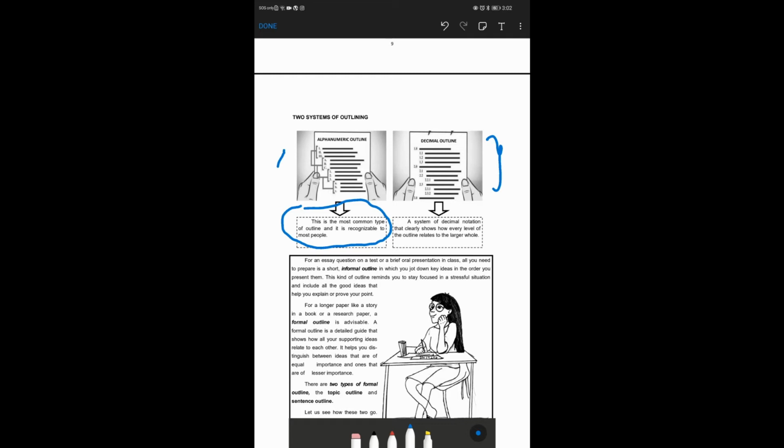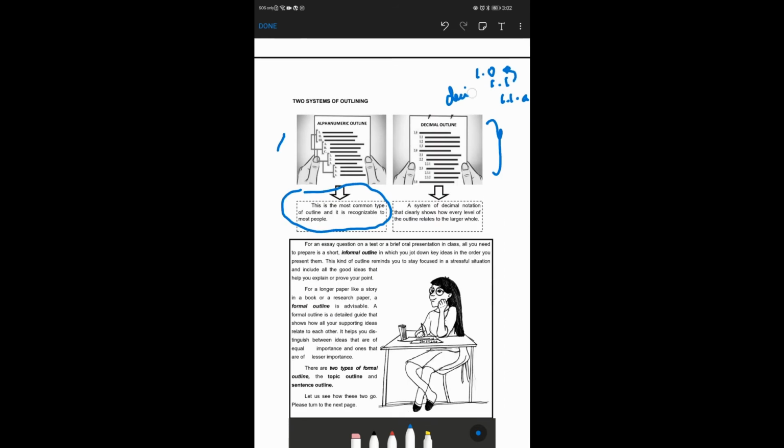So ito ang ginawa, 1.0 yung main topic, tapos 1.1 yung subtopic na nag-explain sa topic na to, tapos 1.1.a for example, or 1.1.1. So you see, it's just like the alphanumeric outline, pero dito, again, from the name, it's more of decimals. Okay? So, ganun pinapakita yung levels of information by clarifying things using decimals.